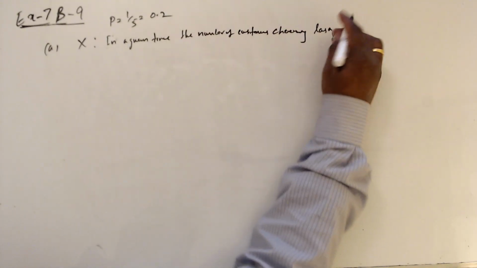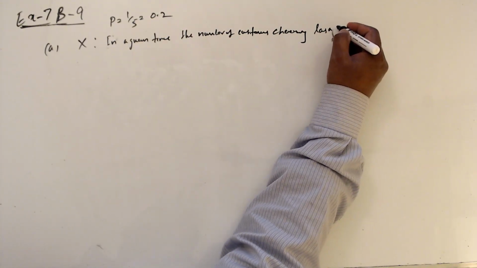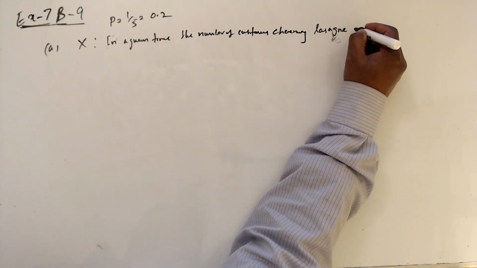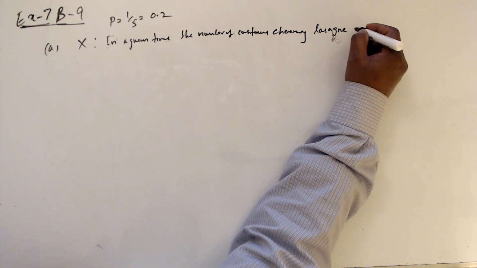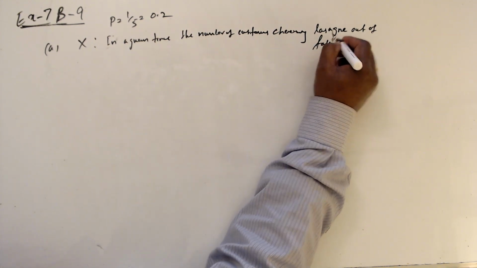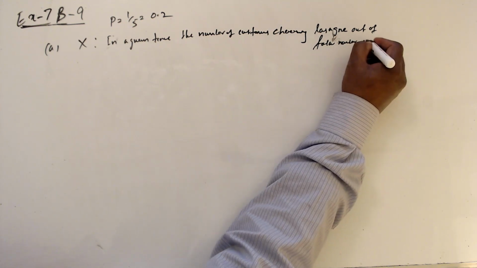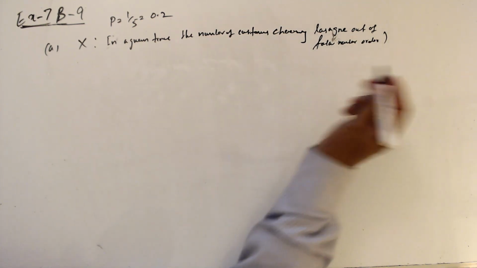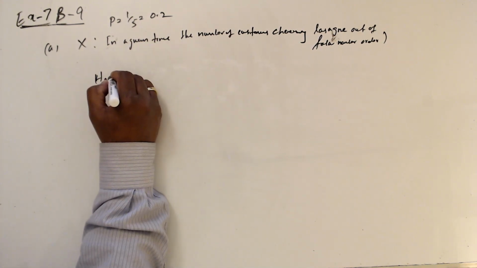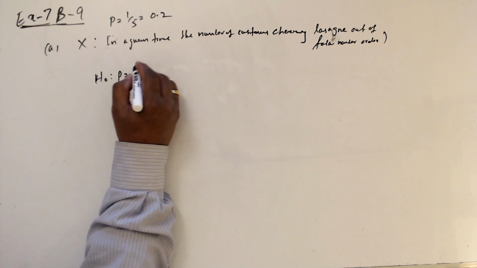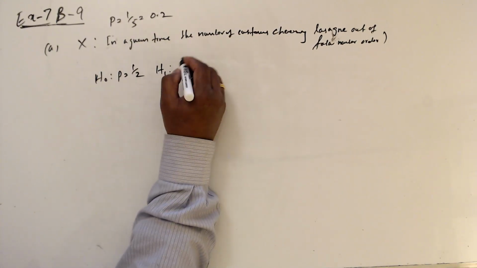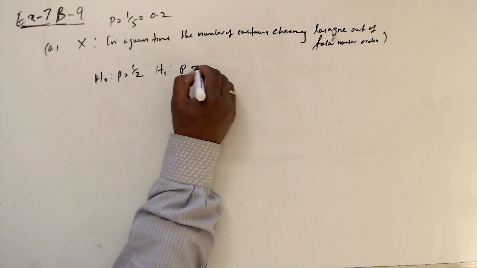out of the total number of orders. Then H0 is p equals 0.2, and H1 is p not equal to 0.2.